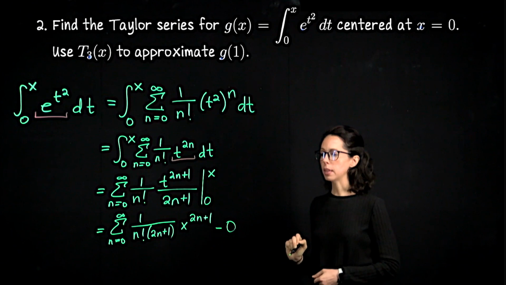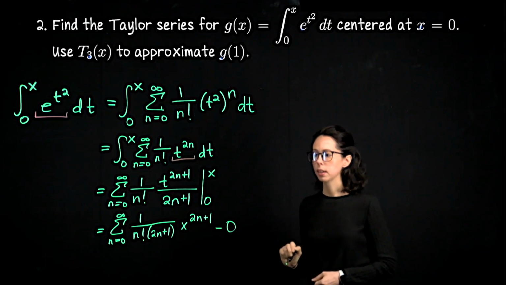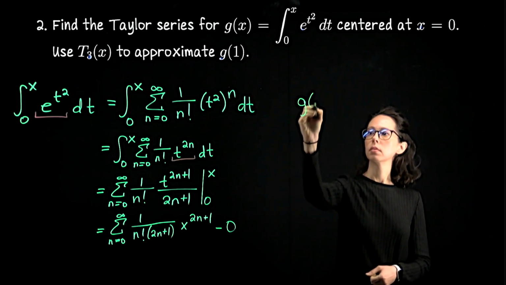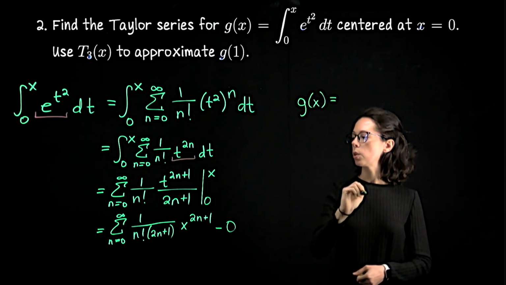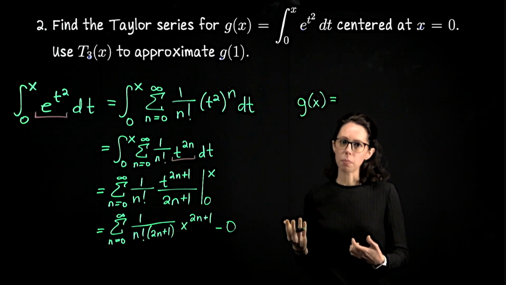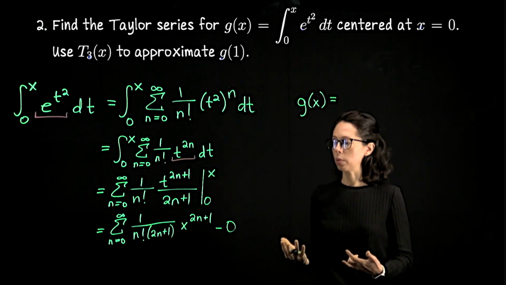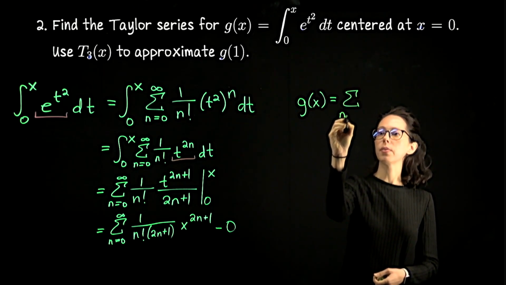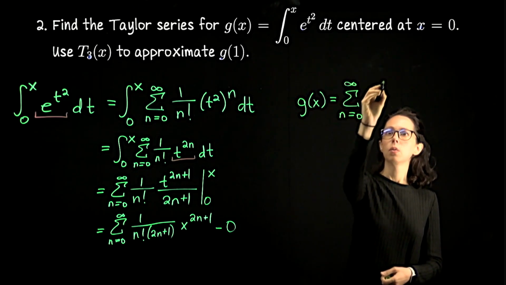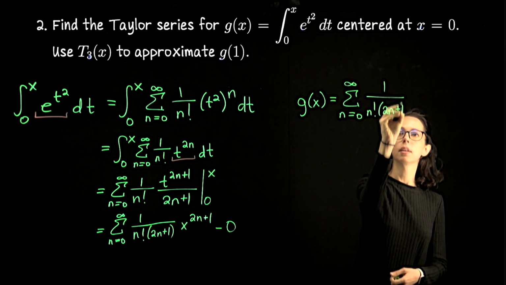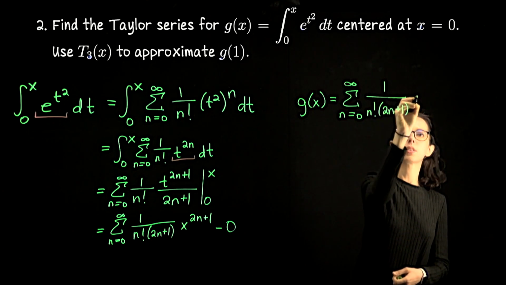Okay, so that means that our function g of x now has this power series representation. So we can think of this integral that we cannot do by hand as alternatively having a power series representation that we can present instead. So this would be the sum from n equals 0 to infinity, 1 over n factorial times 2n plus 1, x to the 2n plus 1.